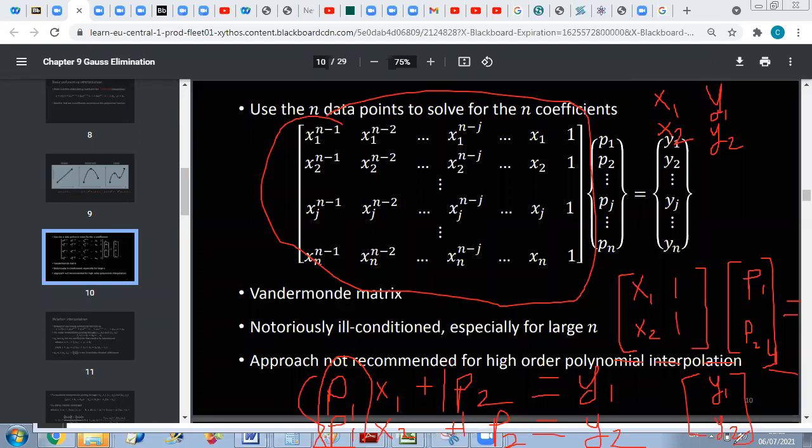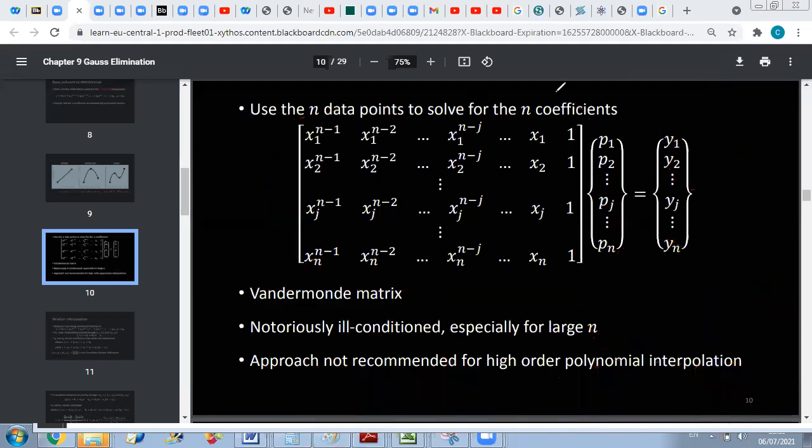Now what if I have several points? We can repeat this. Let's say you have 3 data points, including x3, y3. What will change now? I will have P1, P2, P3 here, and y1, y2, y3. To know what this matrix of coefficients will be, I should write the linear equations. So let us do it for 3 data points, and then we will deduce the form of the matrix for a general number of points. Now we have P1, P2, P3.